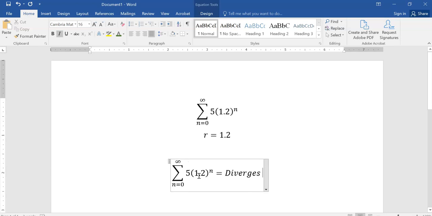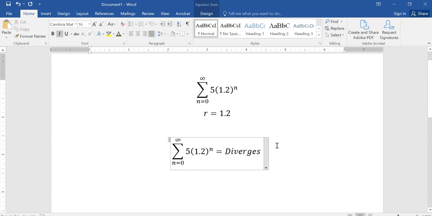So the infinite sum has to diverge because each term in this infinite series, when you add them up, is going to get bigger and bigger and bigger, and so it's going to go to infinity. Each term in the underlying sequence gets bigger and bigger, and therefore we diverge.